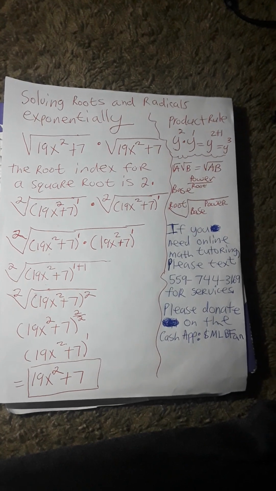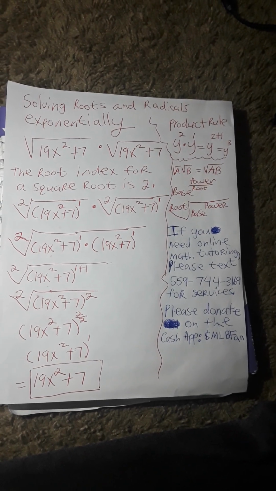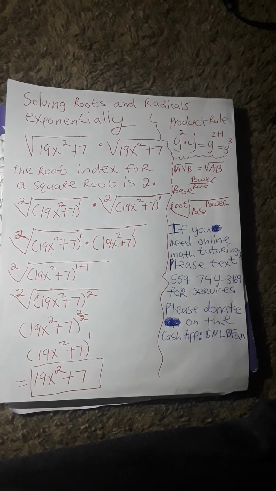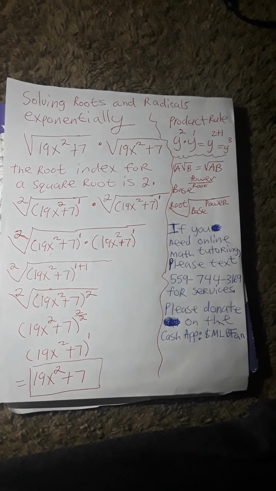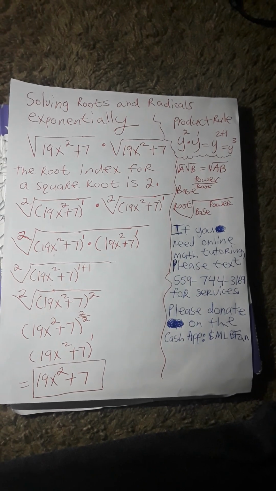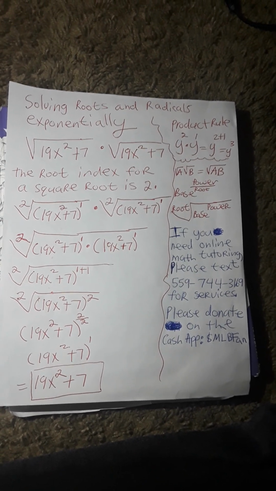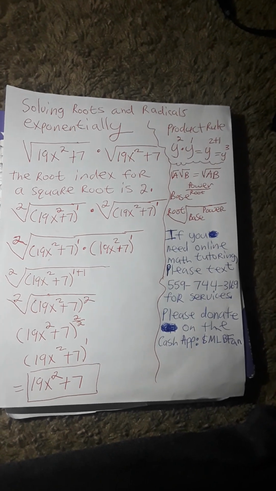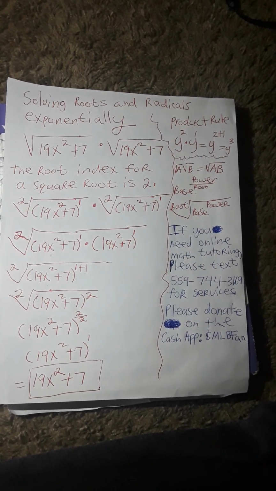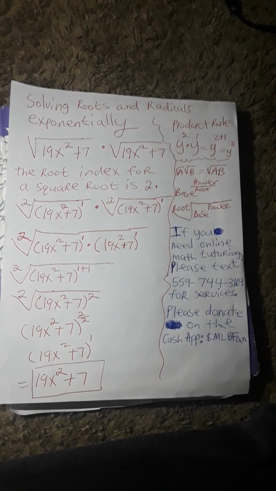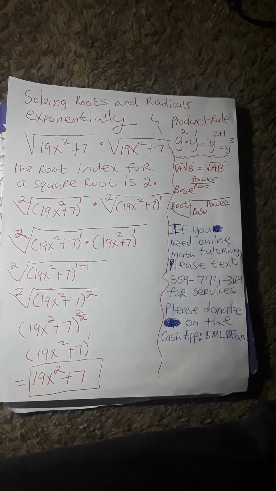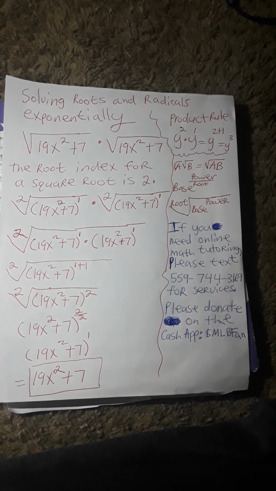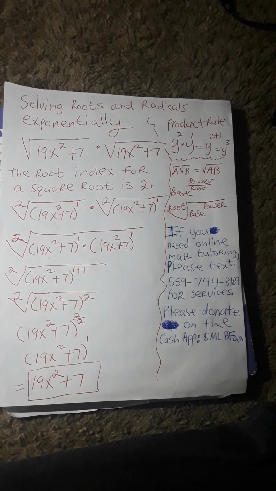So here we see the root index of 2 for the square root of 19x squared plus 7, all being raised to the power of 1, times the square root of 19x squared plus 7 being raised to the power of 1. So now we join like radicals with the root index of 2 and 19x squared plus 7 to the power of 1 times 19x squared plus 7 to the power of 1.